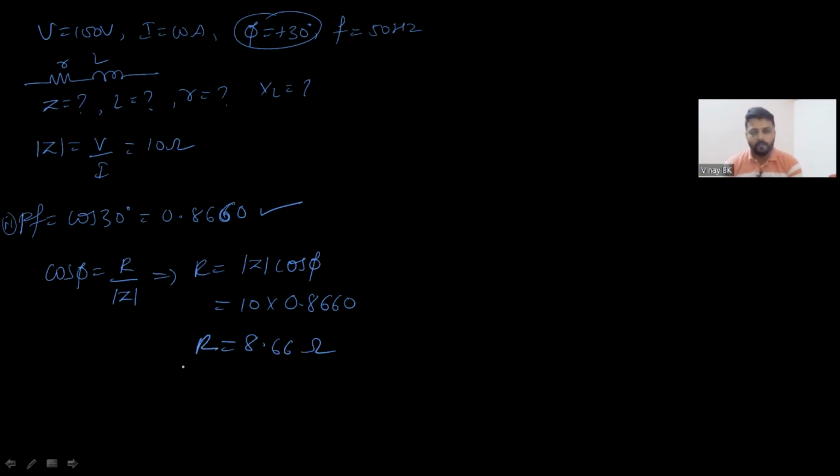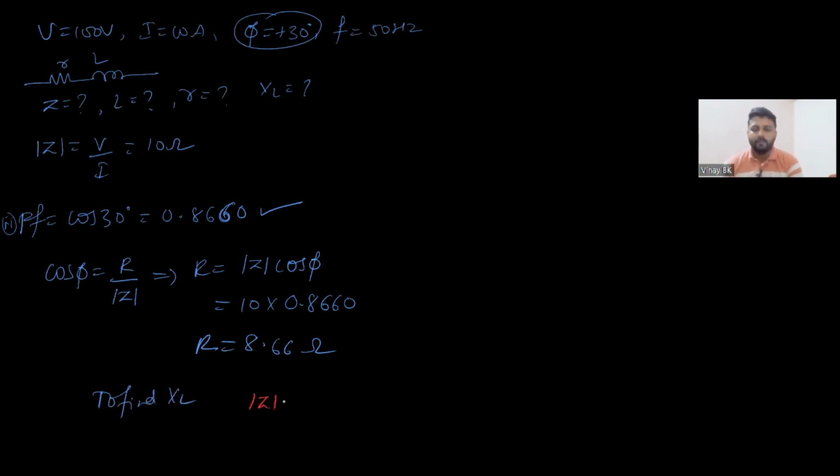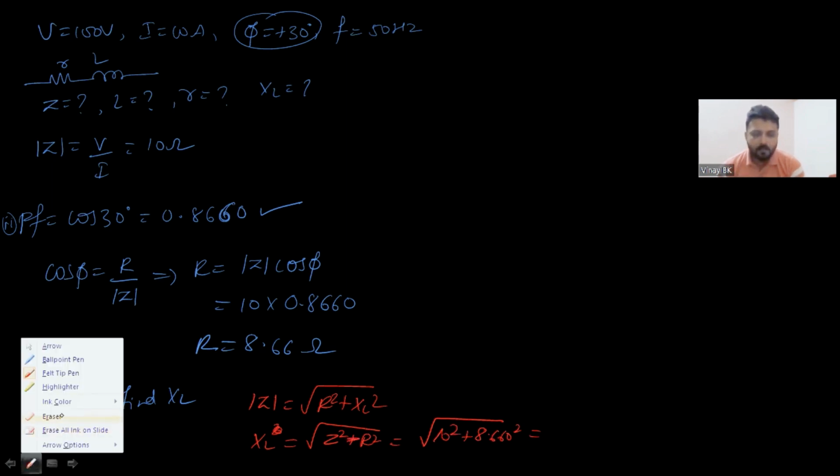Next, you need to find the value of XL, then L. To find XL, you know that the magnitude of impedance is given by the square root of R square plus XL square. So XL equals the square root of Z square plus R square, that is the square root of 10 square plus 8.660 square. Sorry, XL is Z square minus R square. I'll rewrite.